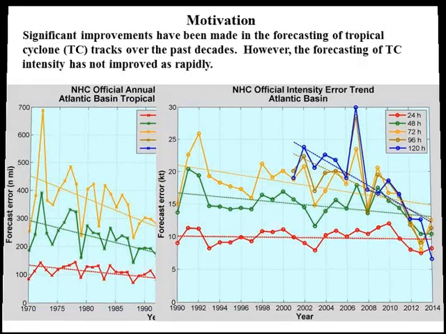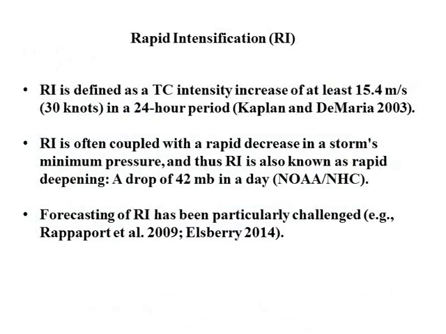Yes. Okay. So in my talk, my focus is on rapid intensification, so-called RI. The RI definition, by Zhang and his co-workers, is a TC intensity increase of 15 meters per second over 24 hours. And we know when hurricane wind speed increases, the pressure also decreases.